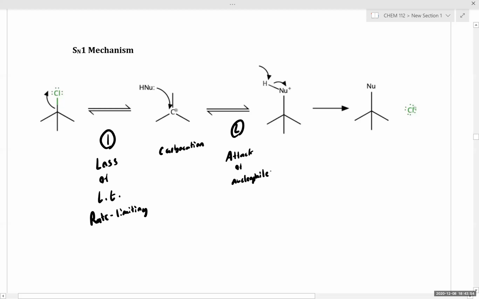Okay. And then typically you have to do a cleanup step where you deprotonate your product just to generate your neutral species.